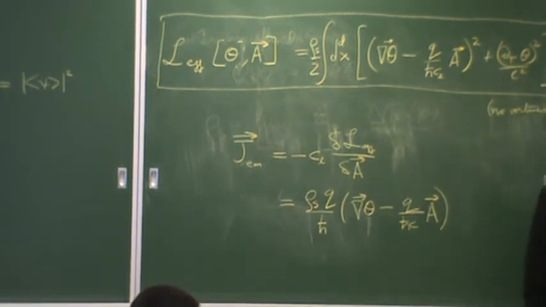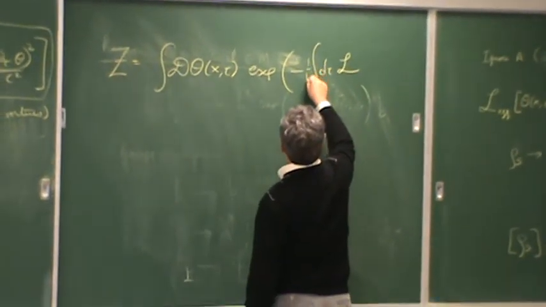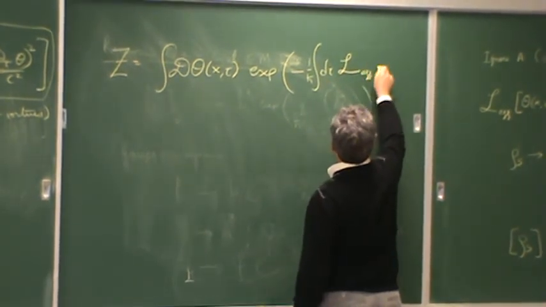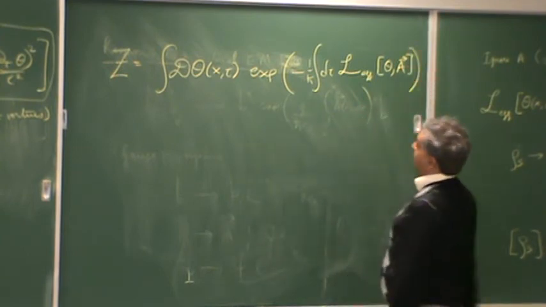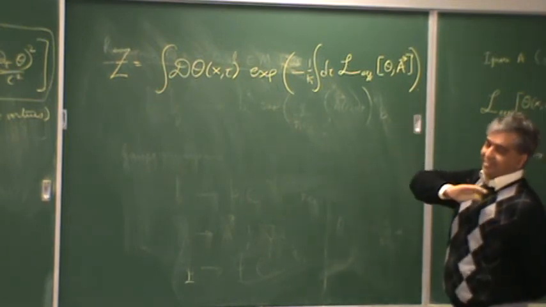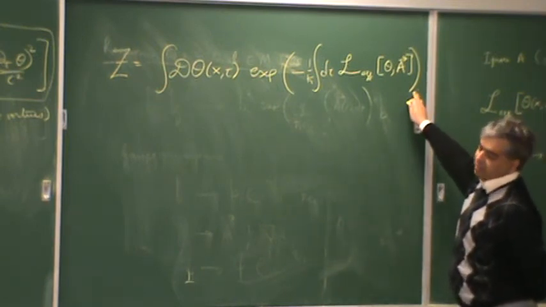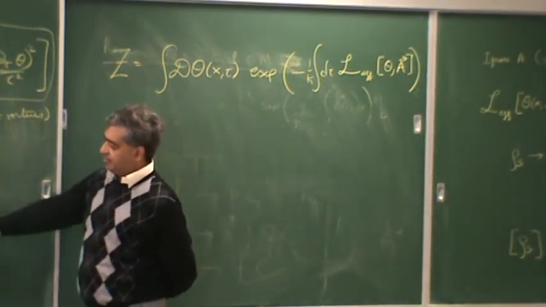The partition function Z is just the integral over theta of x and tau of x, e to the minus the effective action from the RG point of view, integral of theta and A. So there it is, here's my theory. Everything's on the board, nothing under the rug. Here's the effective theory of any superfluid at long distances. Here's the action, the Lagrangian, and here's my observable, the current.